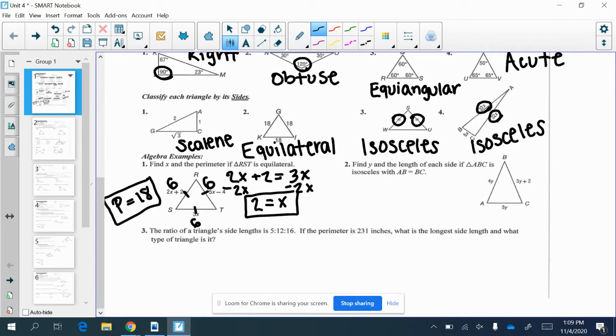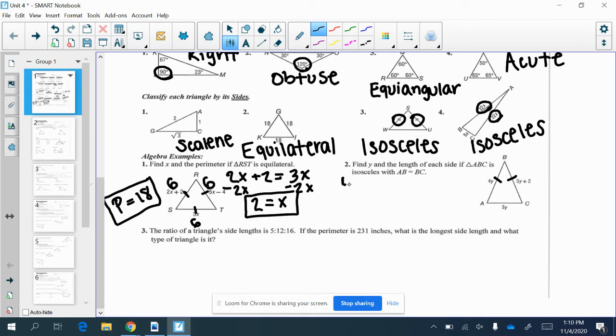Find y and the length of each side if triangle ABC is isosceles with AB equal to BC. So AB is equal to BC. So that means that those two sides are the same length, so I can set their equations equal to each other.